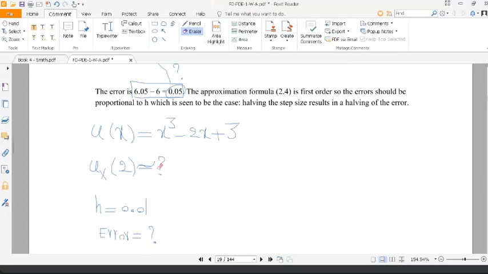Of u with respect to x, the first-order finite difference method.